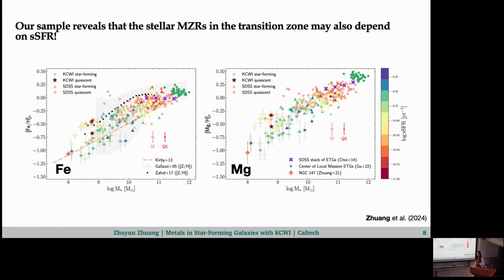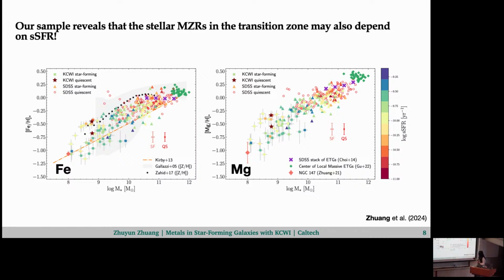And also to make a fair comparison, we remeasure the stellar abundances of both iron and magnesium using exactly the same method for a sample of massive galaxies. So basically, the takeaway here is that we do see a larger scatter in the stellar MZR of star-forming galaxies. And when we look at the color bar, all the star-forming galaxies are color-coded by the specific star formation rate, and we see that galaxies with higher specific star formation rate tend to be more metal poor at a given stellar mass.